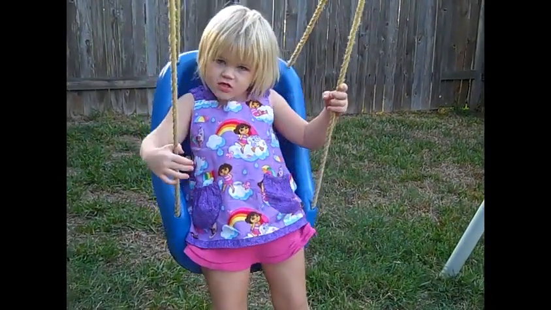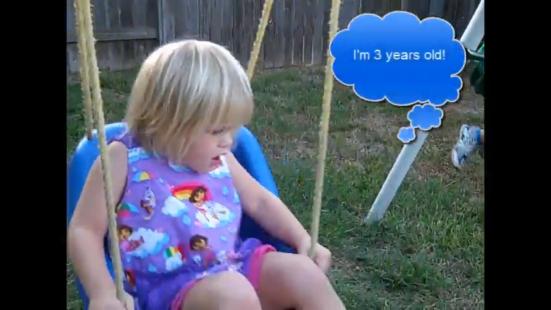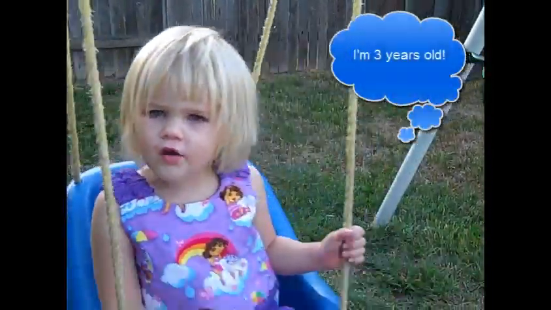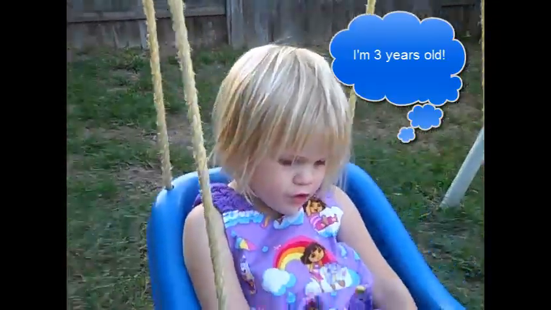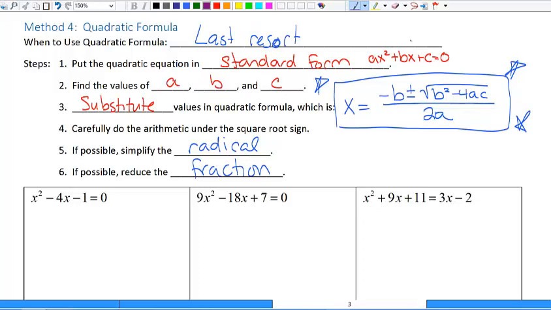So they were 3 and 5 years old at the time, so I think you can memorize your quadratic formula. Okay, so let's practice these.